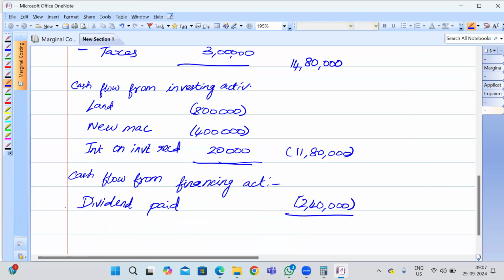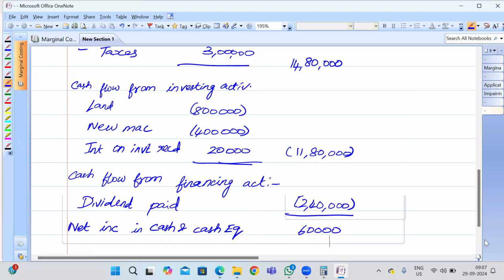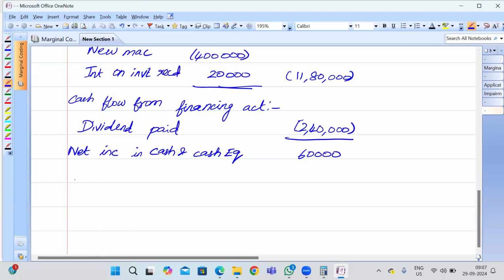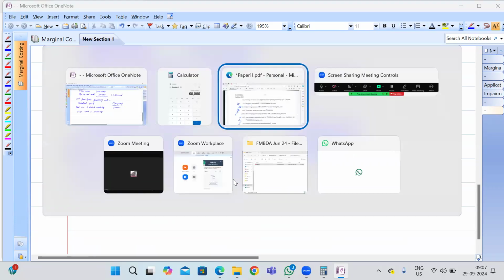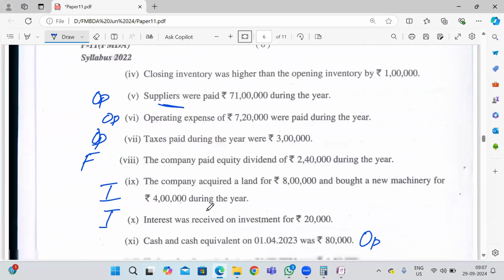This 60,000 is called net increase in cash and cash equivalents. Here we need to add the opening cash and cash equivalents. How much is the opening cash balance?